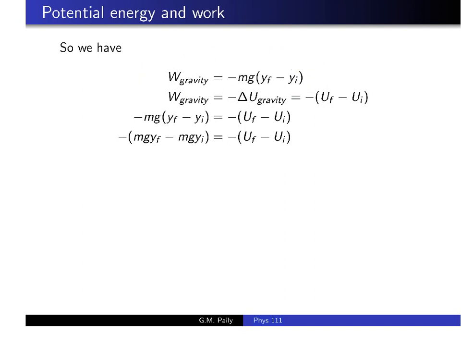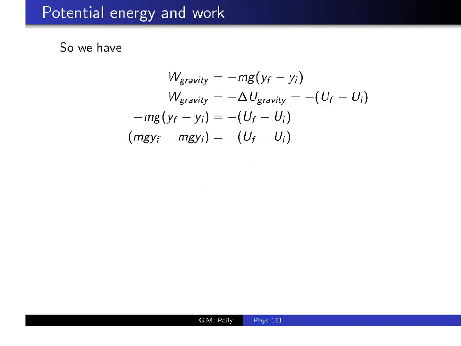But we said that W gravity should also be equal to negative delta U gravity, and delta U is simply U final minus U initial. So since these are both equal to W gravity, let me compare these two. Let me distribute that mg inside. So I have minus parentheses, mg y final minus mg y initial. Here I have minus parentheses, U final minus U initial. If I compare them, I see a pattern, don't I?